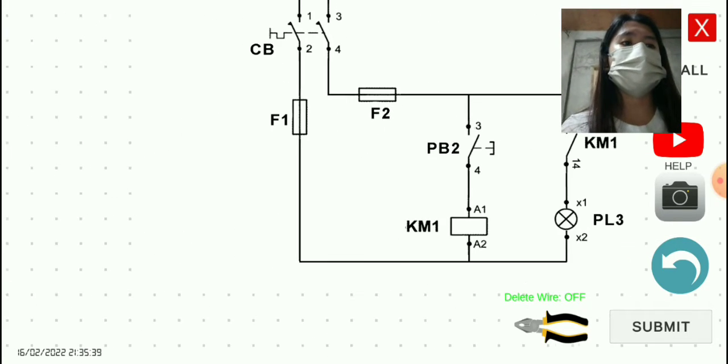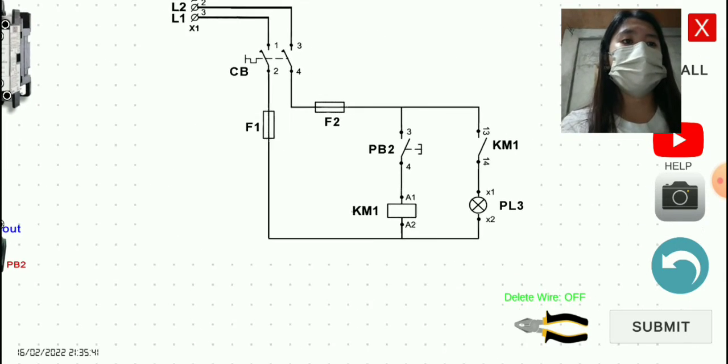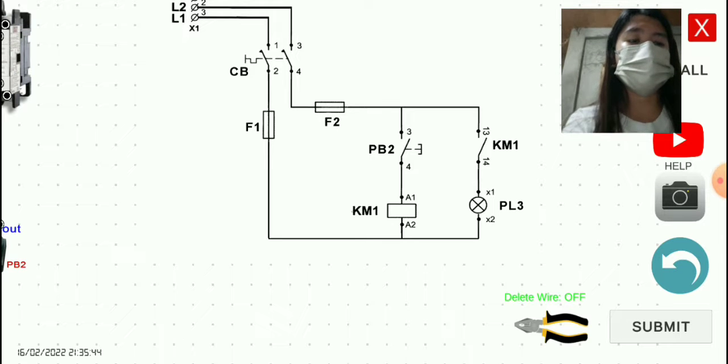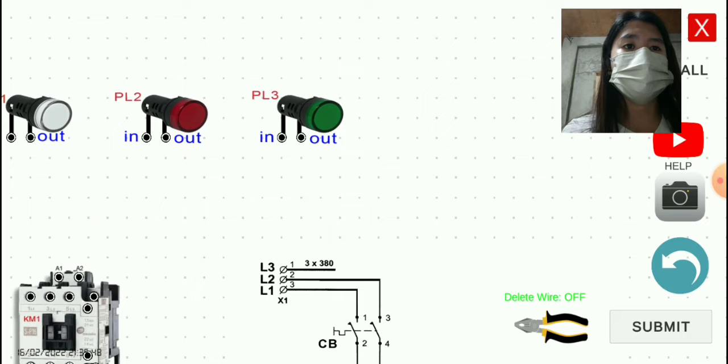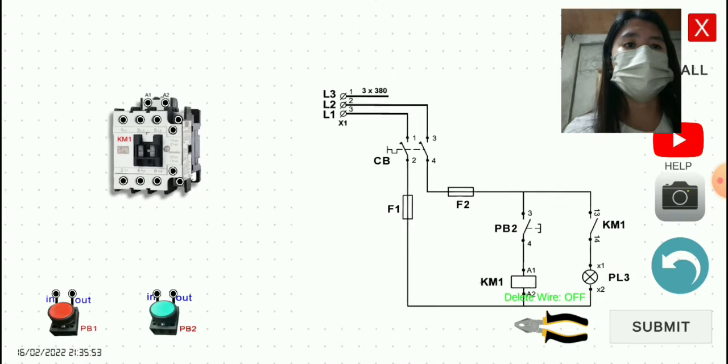We also have here the PL3, X1 and X2. These are the input and output of the PL3, the green pilot lamp.